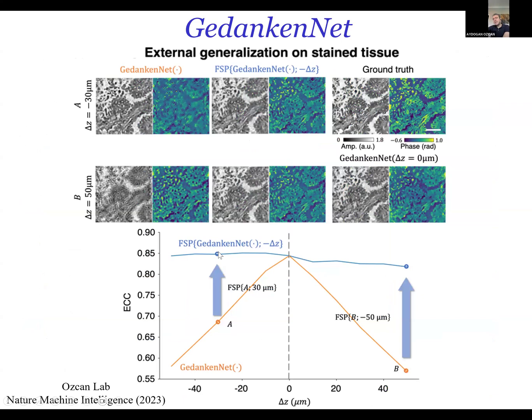It hallucinates within the framework of physics, which means we gave GedankenNet purposely defocused holograms by several tens of microns. It gave us a certain reconstruction, which was not as good, as shown with this correlation constant. But guess what? If you take this complex field that is coming from a defocused hologram and forward propagate it with the wave equation, it gives us the perfect reconstruction.